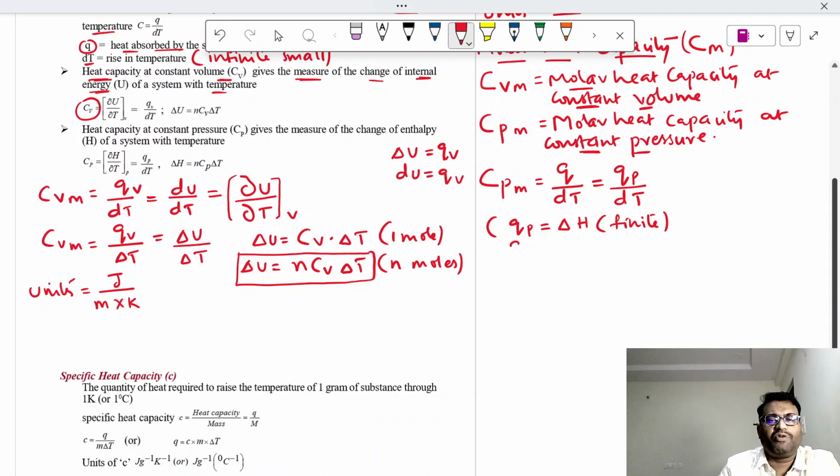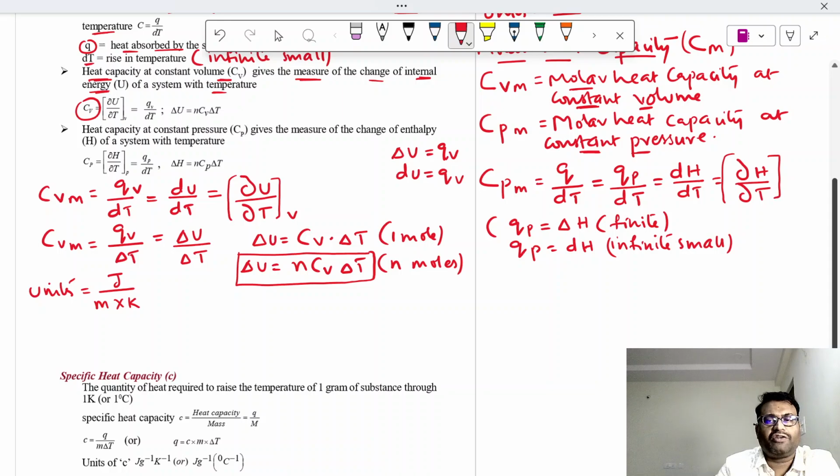For infinitesimal change, Qp is equal to dH. Then this can also be written as dH by dT at constant pressure.